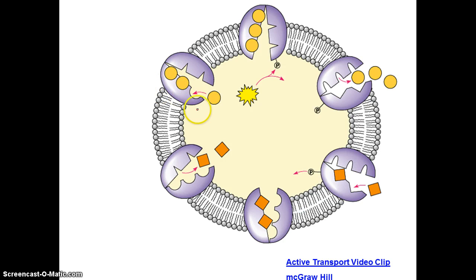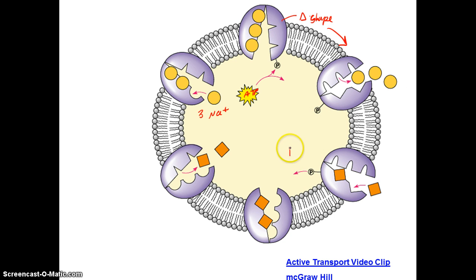So what happens is the 3 sodium ions attach to the protein, and when ATP phosphorylates this protein, it changes its shape. And this change in shape then causes that sodium to be released out of the cell.